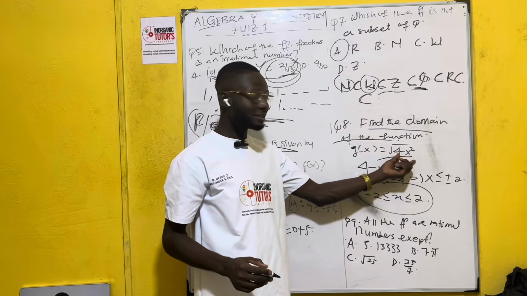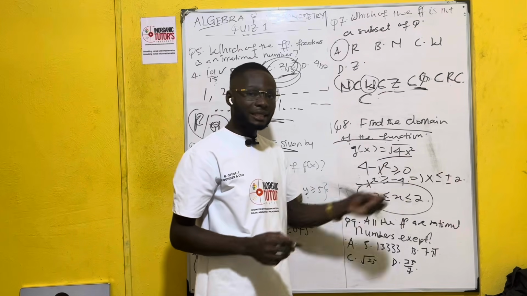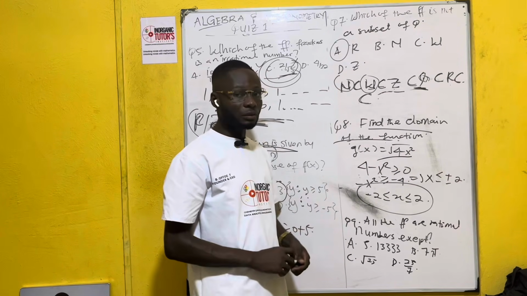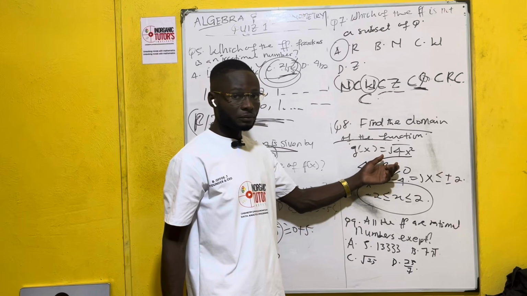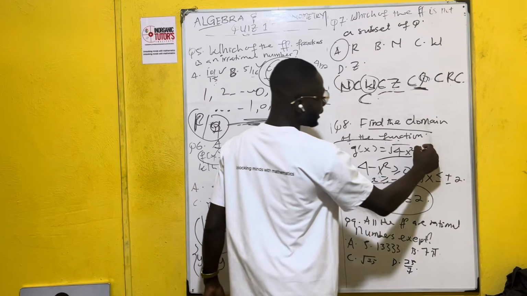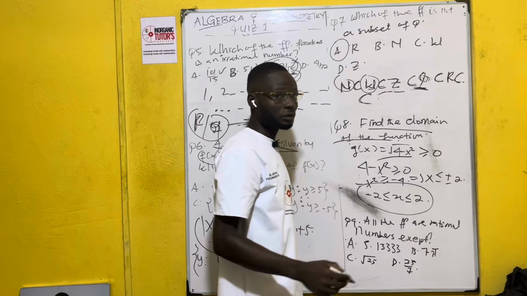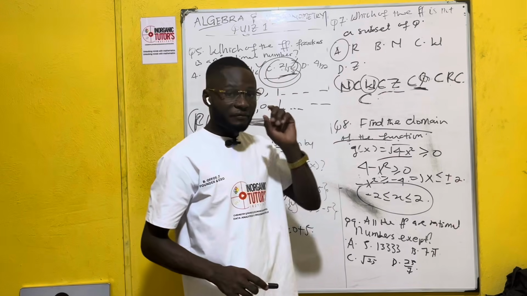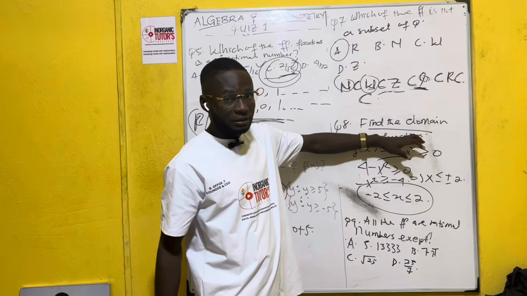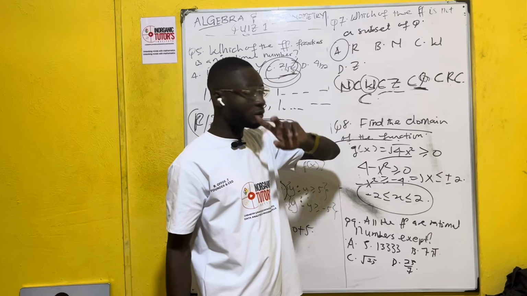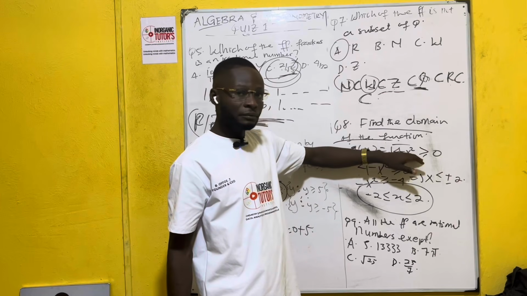So that is the domain of this particular function. You just have to equate the argument under the square root sign to greater than or equal to 0, right? So always the argument here must be greater than or equal to 0, if it is not a fraction. If it is not a fraction and you want to find a domain, this is how you do it.